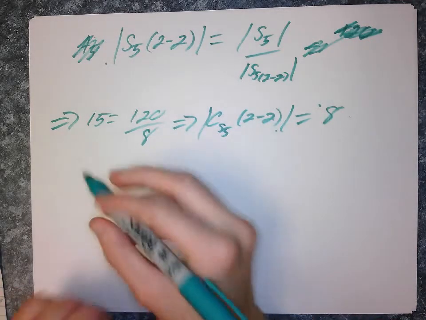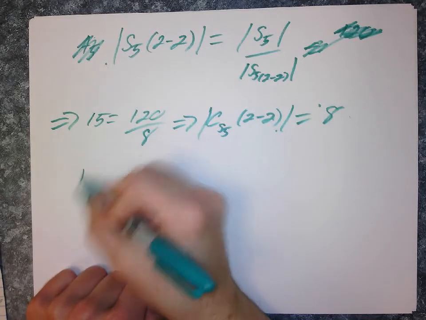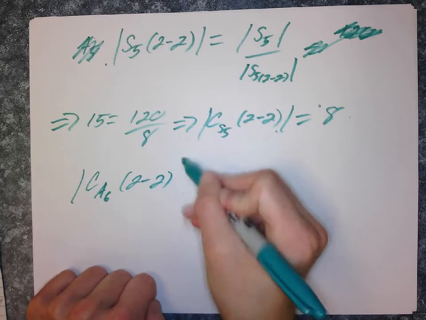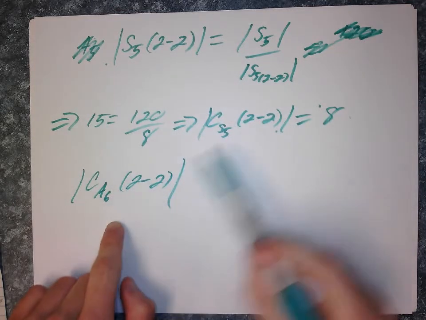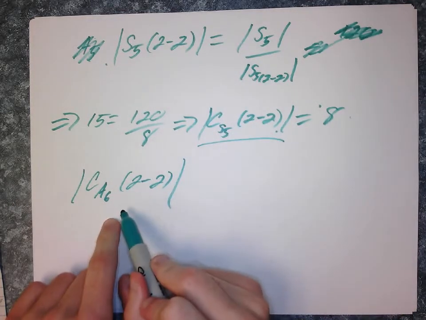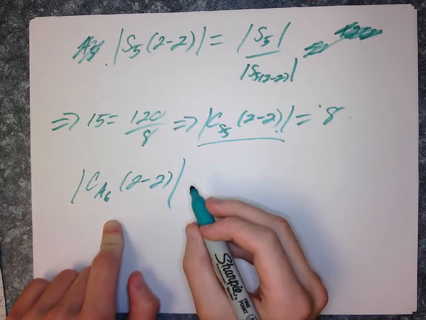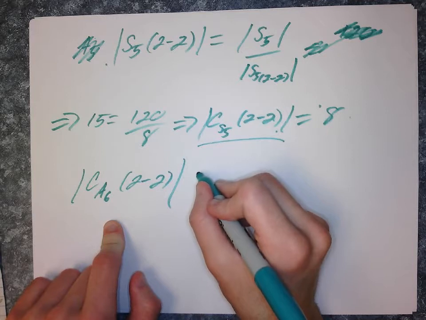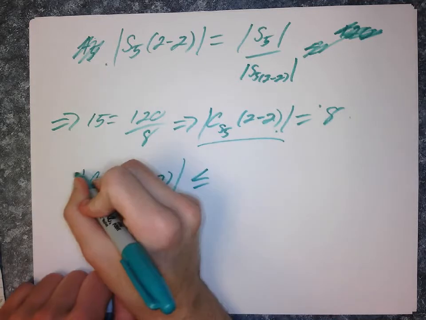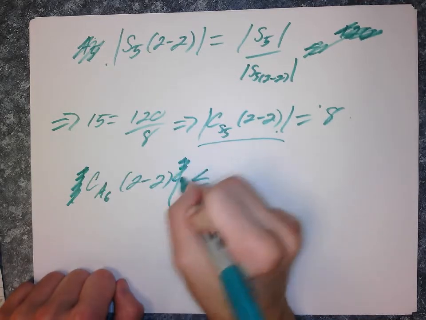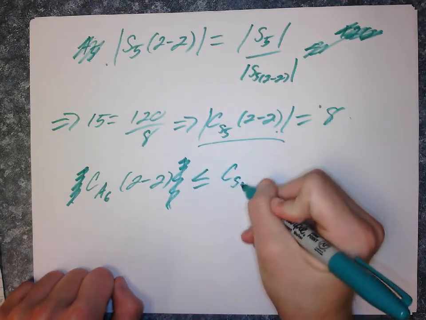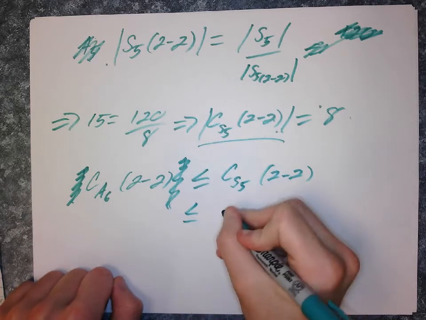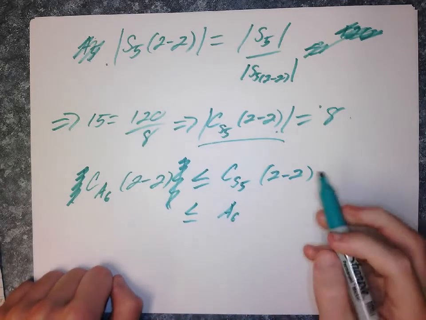Note that what we're going to end up wanting is the order of the centralizer in A5 of the 2-2 cycles. Well, we know that since this is just this part, but all the even elements, it's going to have to be a subgroup of this. But it's also going to have to be a subgroup of A5.